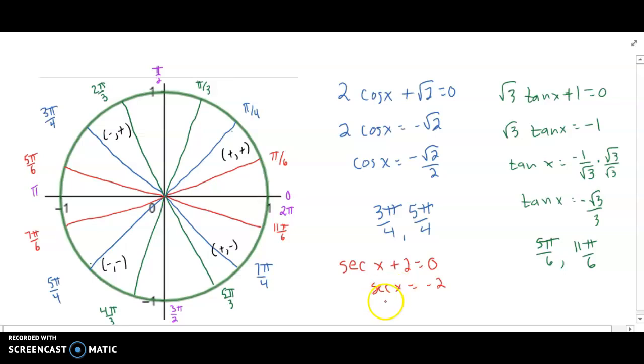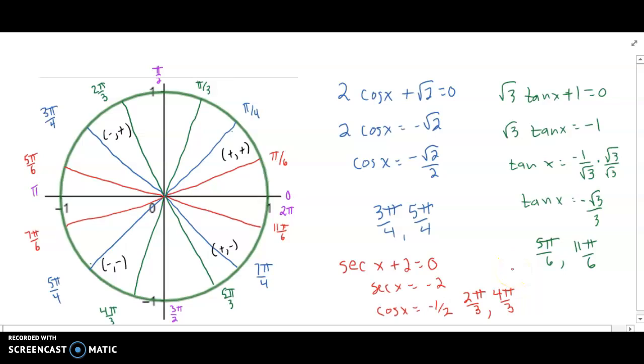So I take the reciprocal of that side, giving me the cosine of x, and the reciprocal of the other side gives me negative 1 over 2. I'm in quadrants 2 and 3 again, and the cosine is negative 1/2 at the pi over 3's. So my answers then would be 2 pi over 3 and 4 pi over 3.